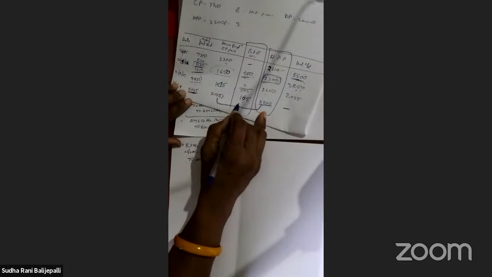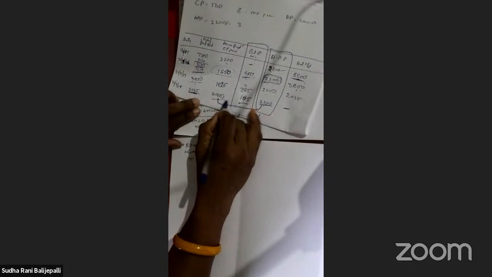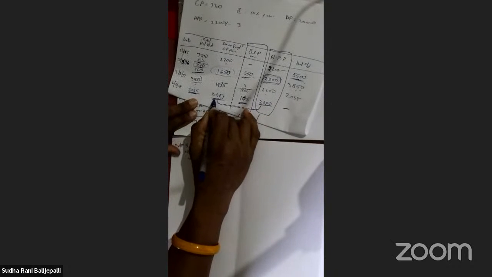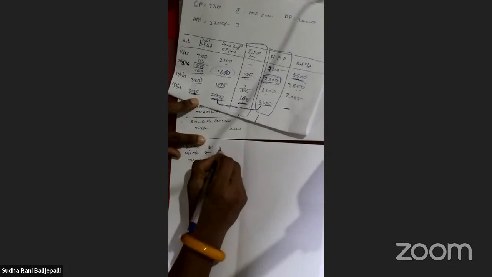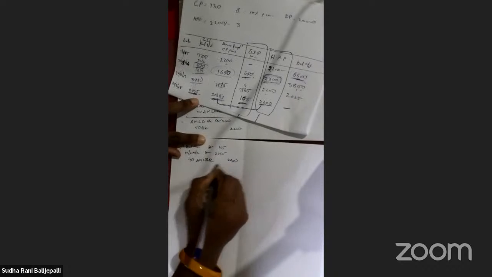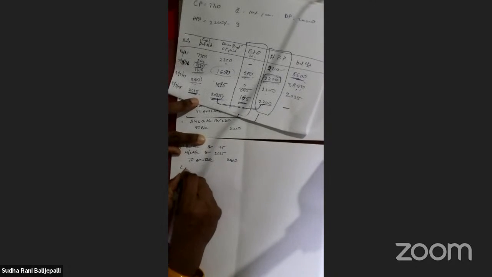Third year interest is 165, cash is 2035, which equals the hire purchase installment.